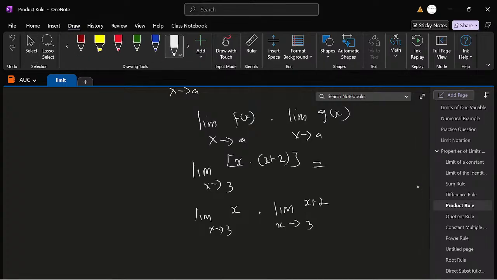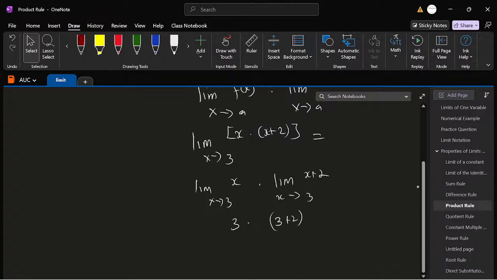Now, if you key in this value, x will be equal to 3, then multiply by 3. You want to put this in a bracket, add 2, and this will be equal to 5. These two add up to 5. You have 3 multiplied by 5, and the answer is equal to 15.